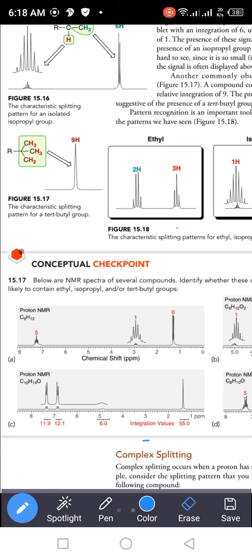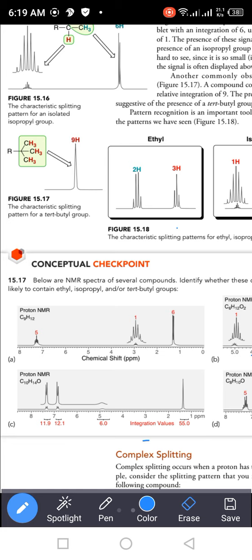Index of hydrogen deficiency will give us a clue about whether there is any ring or unsaturation. So that gives the idea about the degree of unsaturation or rings present, because we will compare it with a saturated hydrocarbon.